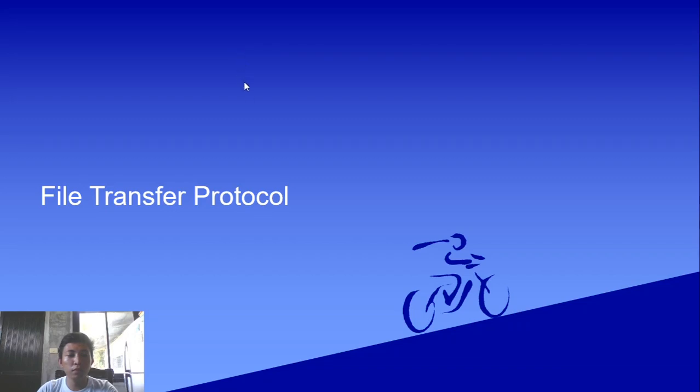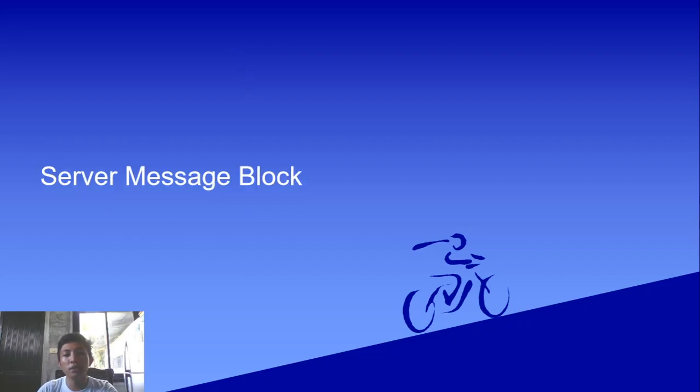So let's move on to the next one, which is the Server Message Block. The Server Message Block, or SMB, is a client-server file sharing protocol that describes the structure of shared network resources, such as directories, files, printers, and serial ports.